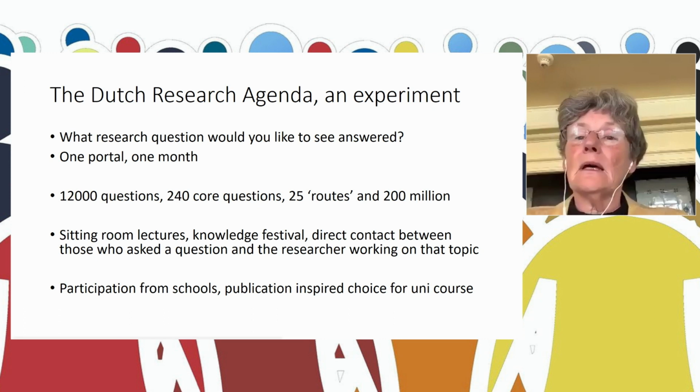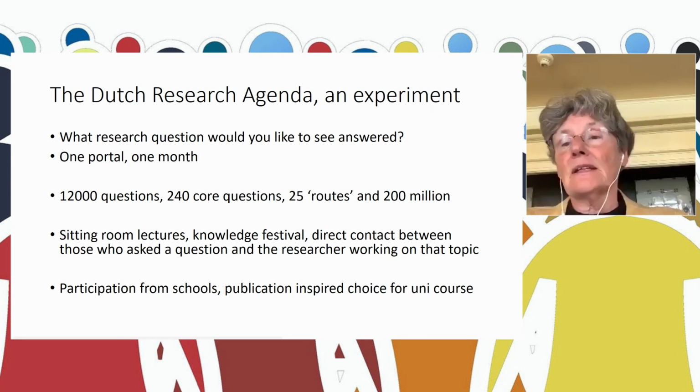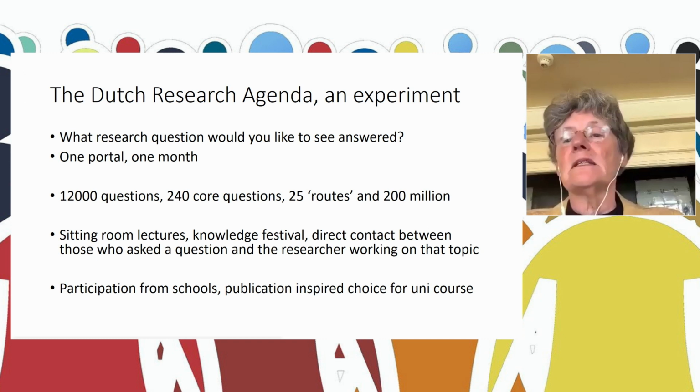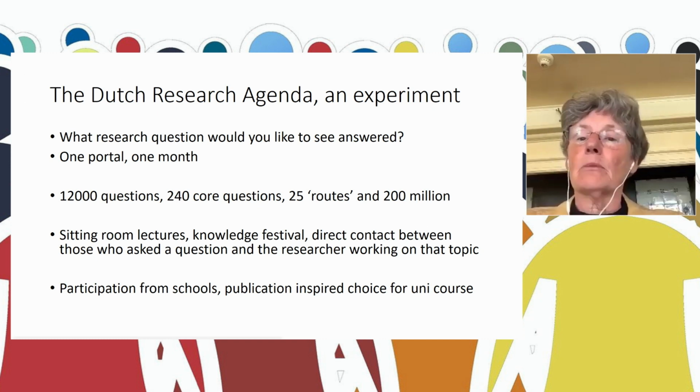There was direct contact, as I said earlier, between anybody who asked the question and somebody who was working on that field. Schools participated. Many schools set up a project whereby they made a research agenda with their pupils.